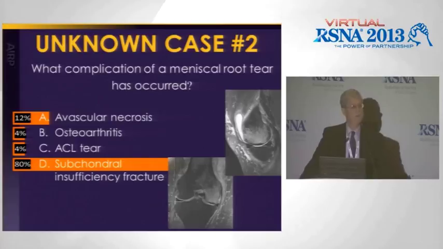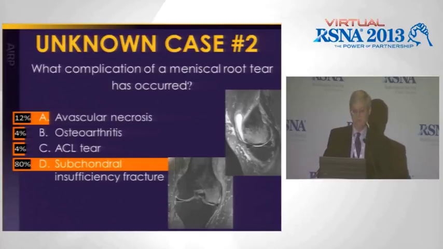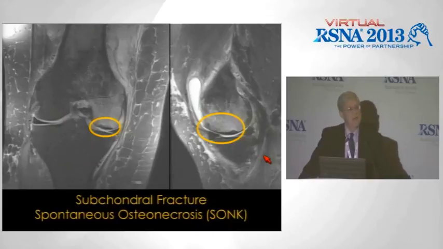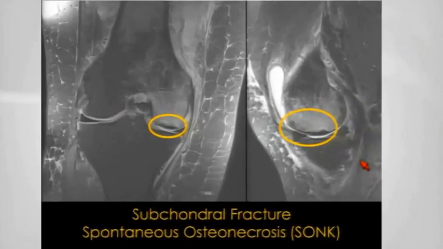Okay, everybody did great on this. This is a subchondral insufficiency fracture. That is the right answer. And we can see that cleft of low signal right underneath the bone, and then tremendous edema around it as well as the associated joint effusion.